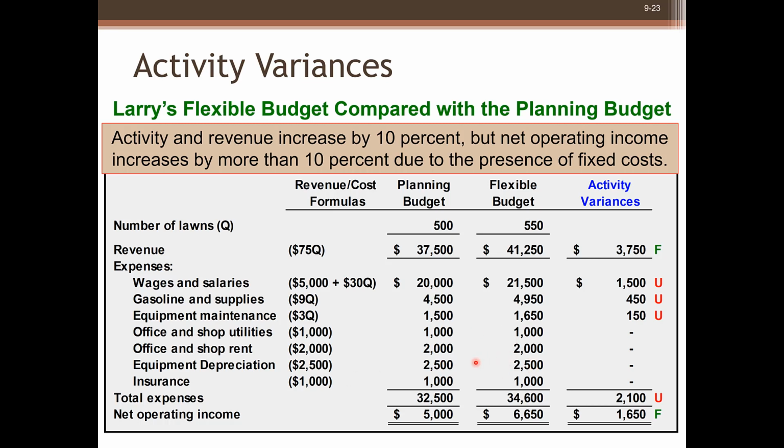They are not sensitive to the change in level of activity. So total expenses increase by less than 10%, and net operating income increased more than 10%. If you calculate 1,650 divided by 5,000, it's around 33%. So net operating income increased by 33%.